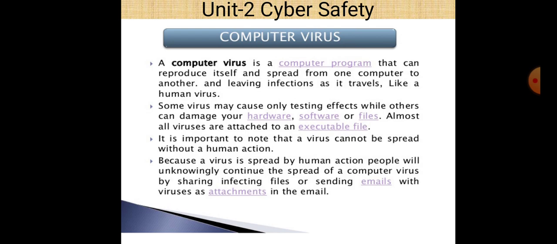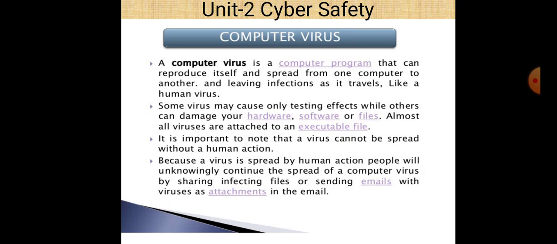So a computer virus is a computer program that can reproduce itself. They have the ability to reproduce themselves and spread from one computer to another, leaving infection as it travels, like a human virus. The second important thing, which is the shortest definition of a computer virus, is that viruses are self-executing programs. It means they execute themselves without taking permission from the user.